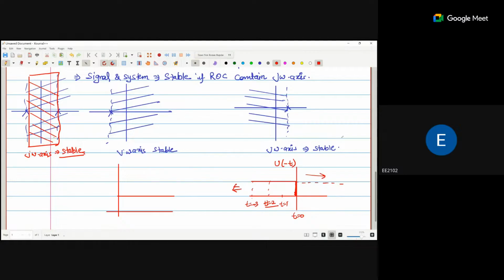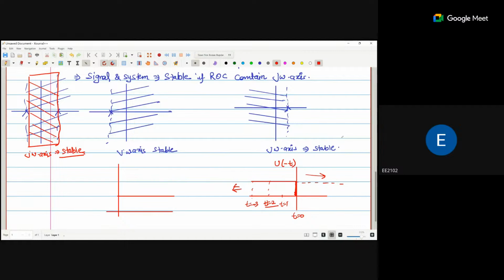It is not possible in analog circuits that we apply a signal and get the response before that. A simple example is that when you switch on the electricity, the light will glow. If you are not switching on the electricity, how can you consider that the light will glow before that? For understanding signals and systems, it is fine that the signal be left-sided, but for electronics it is not possible.